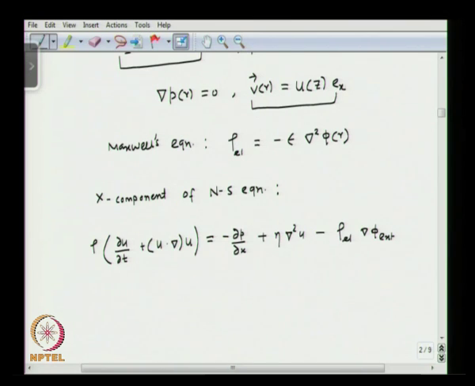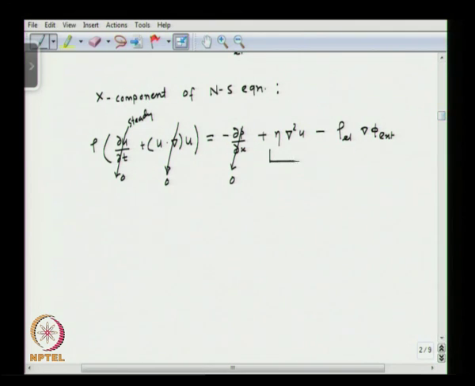Okay. So, we are talking about steady flow, so this is 0, and this is the acceleration term which is 0 because we are talking about uniform flow, and no pressure gradient. So, this term also vanishes.